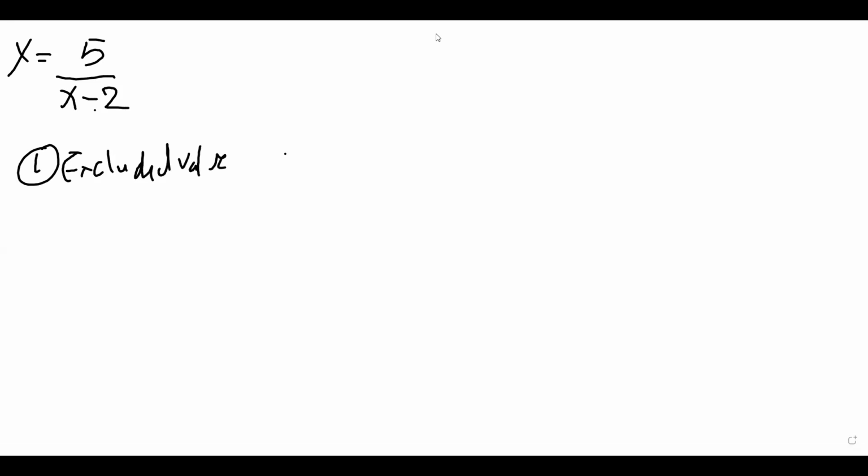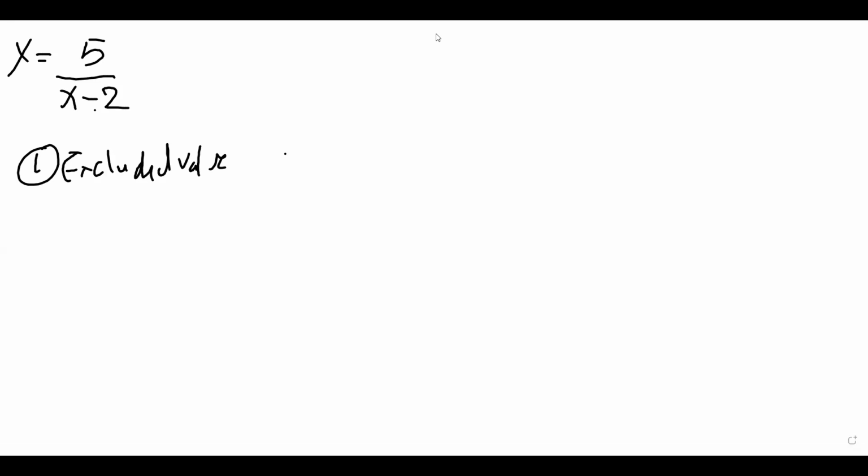So we have y equals 5 over x minus 2. The first step here, we have to find the excluded value. This is the first step if you want to graph the rational function.